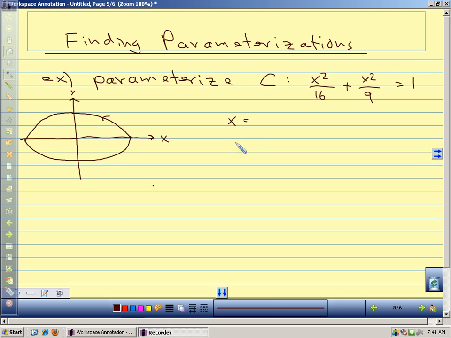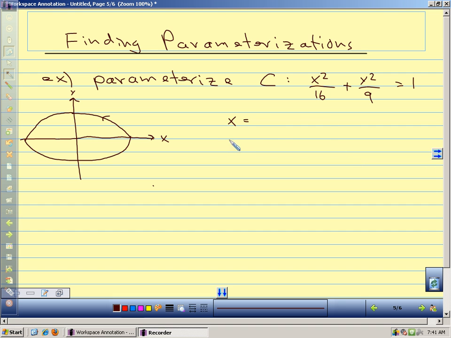x equals, remember how to do this? We have x squared and y squared and this equaling 1. So we think sines and cosines?